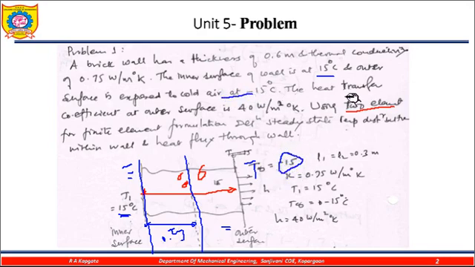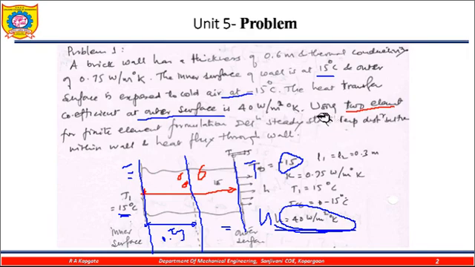The heat transfer coefficient at the outer surface is 40 watts, that is h, the convection factor, h is equal to 40 watts per meter square degree Kelvin. And they are asking us to find the temperatures as well as the heat flux, so let us try to solve the problem.